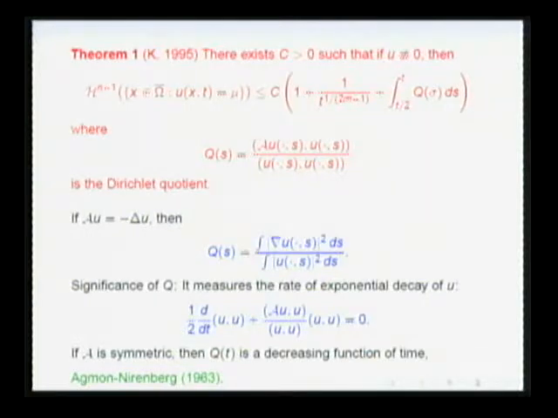And actually, the main reason is this logarithmic convexity method, which answers the question, how does this Dirichlet quotient behave in time as time goes on? So this Dirichlet quotient is a key quantity for many things, including inertial manifolds, which people studied and so on.